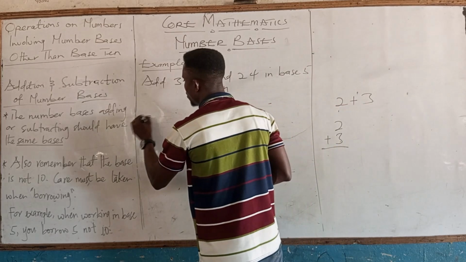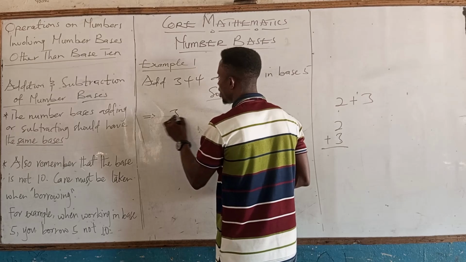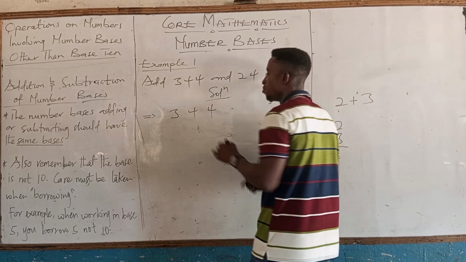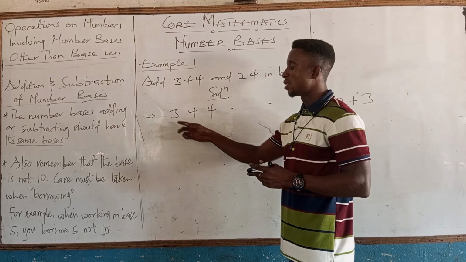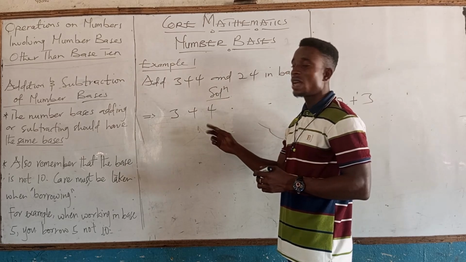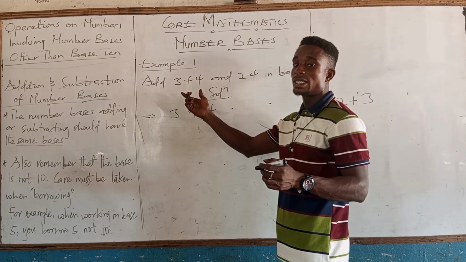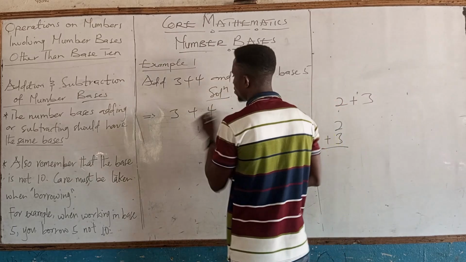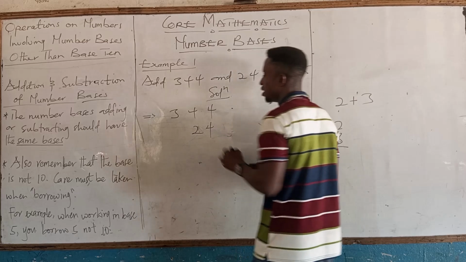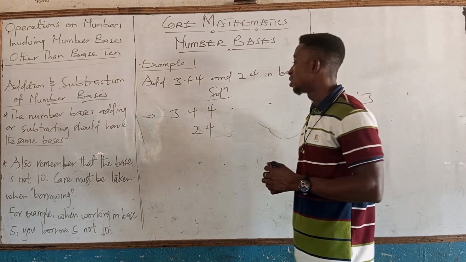So to solve, I'll have my 3, then 4, 4. I'm giving spaces because I want my work to be nice, so I can't overcrowd it. Are we getting that? Okay. Then I have 2, 4. This one too works the same as base 10.